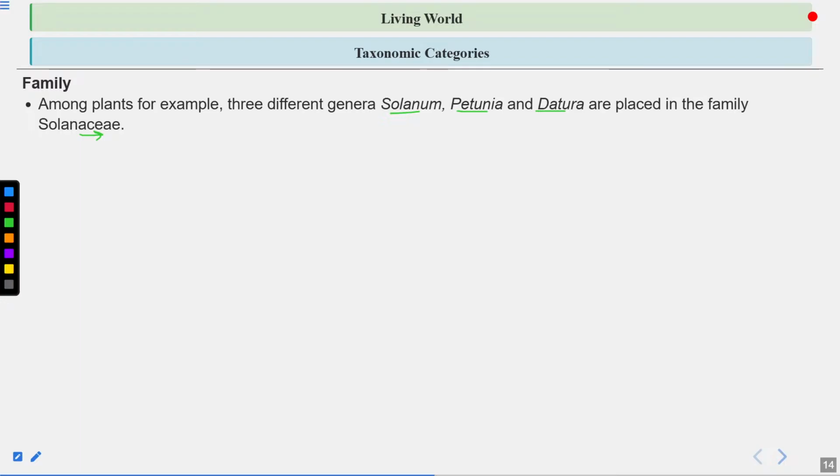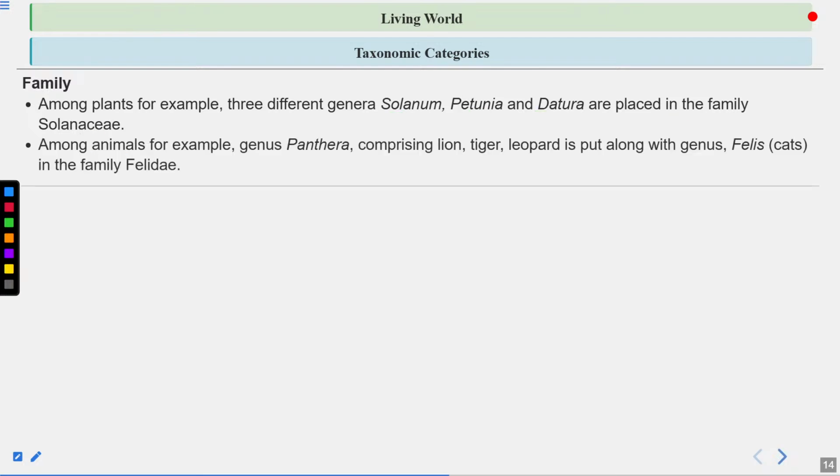These are all genera, closely related to each other, and that's why they are placed in the family Solanaceae. Among animals, for example, genus Panthera, comprising lion, tiger, leopard, is put along with the genus Felis in the family Felidae. Clear? So genus Panthera and genus Felis both are placed in the family Felidae.